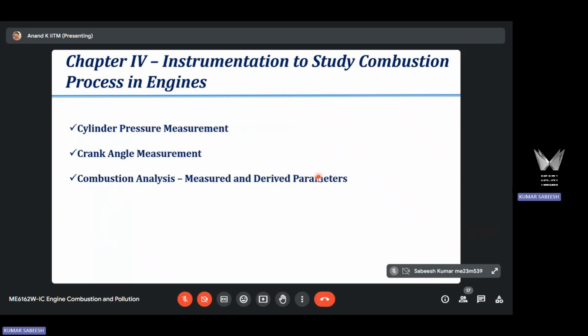Similarly, the pollutants are formed based on how well the combustion event proceeds inside the cylinder. So we need to analyze the combustion event in SI engine. That's the reason we are spending time to know how to acquire the fundamental pressure profile data, and from there how we can derive other parameters.